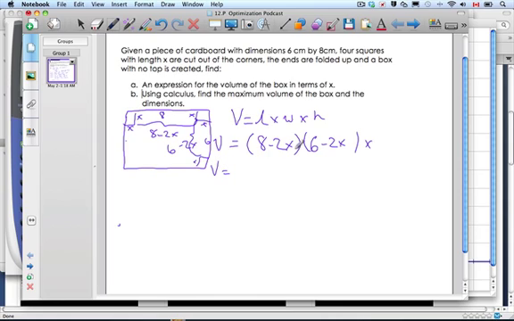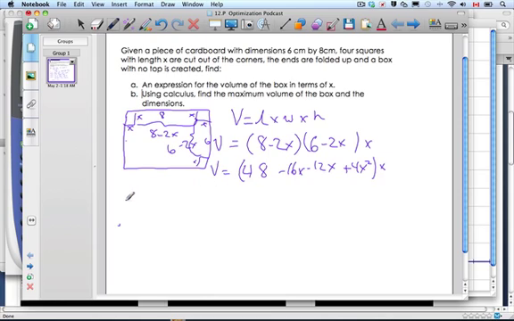We get 48 minus 16x minus 12x plus 4x squared, in parentheses, and I'll multiply it by x.